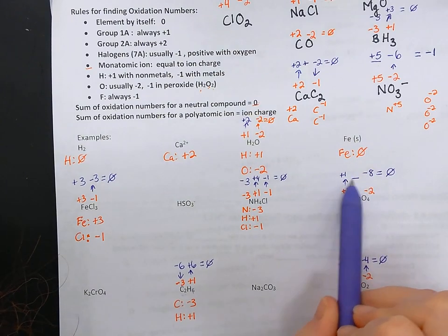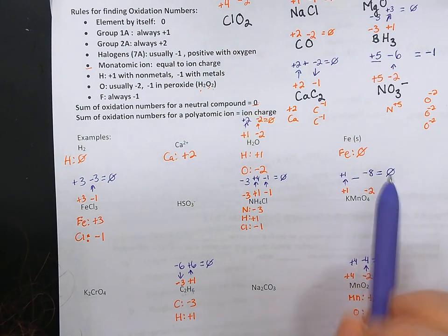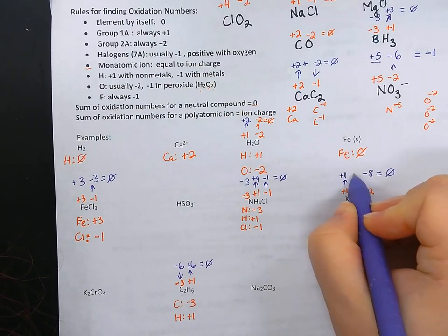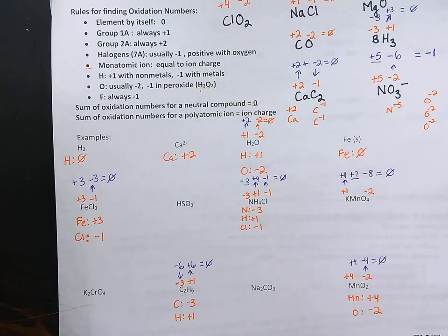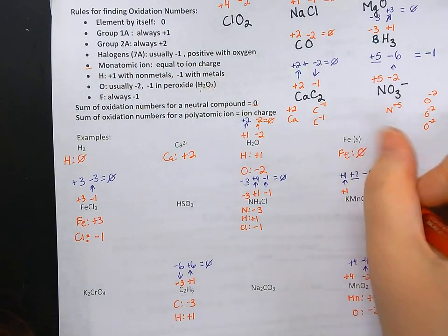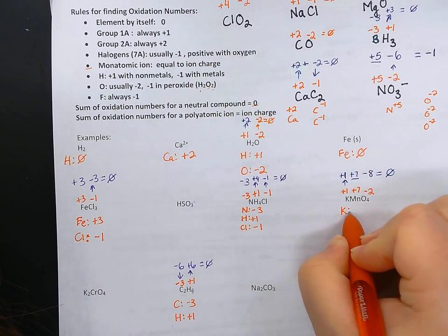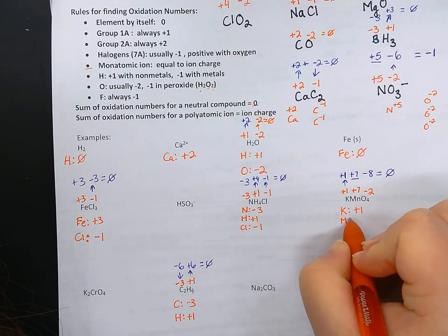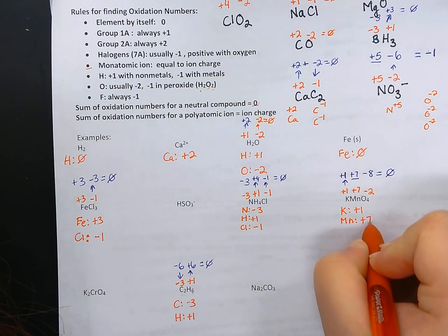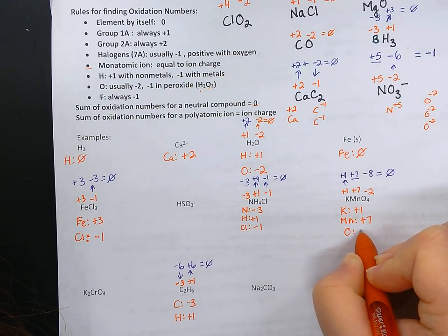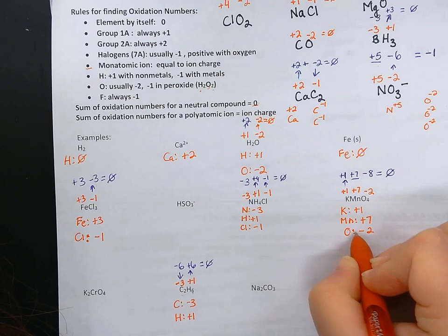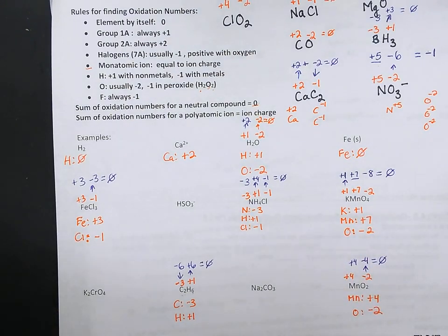We need a total of +8 over here to add up to 0. So I've already got +1. I need 7 more to give me that +8. So that means manganese is going to be a +7. So potassium is +1, manganese is +7, oxygen is -2 each. Potassium permanganate, favorite chemical.